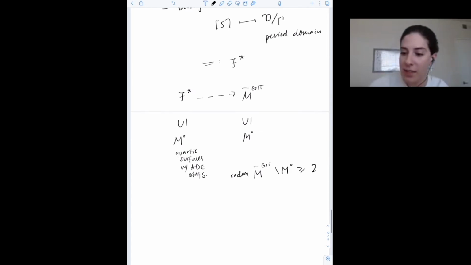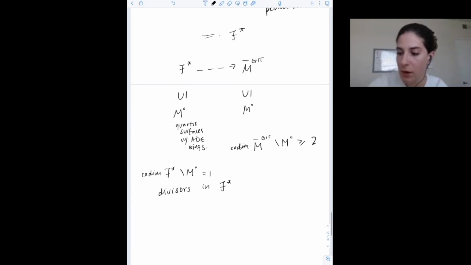On the other hand, in the Baily-Borel moduli space, the complement is larger. This happens to have codimension 1, and there are 2 divisors in F star that get contracted in the GIT.